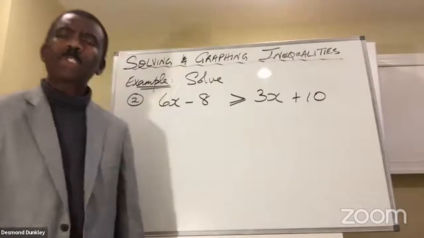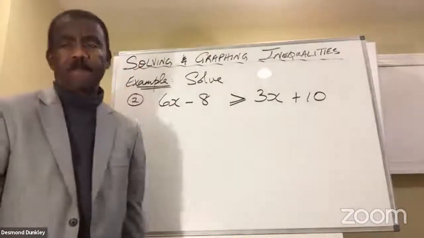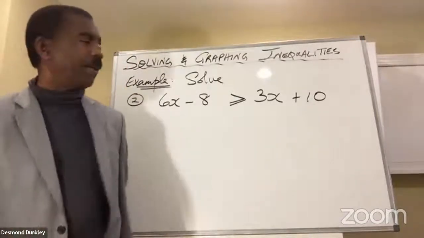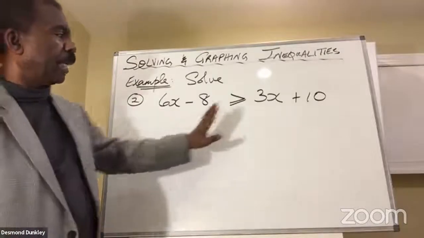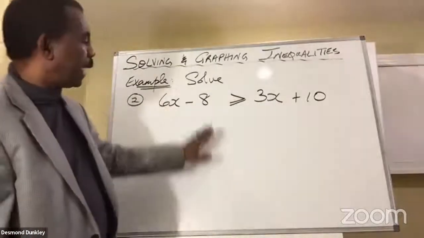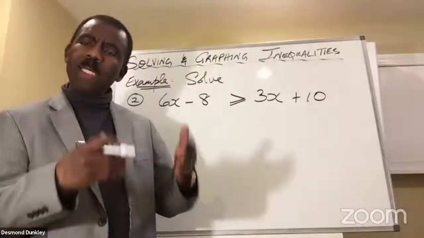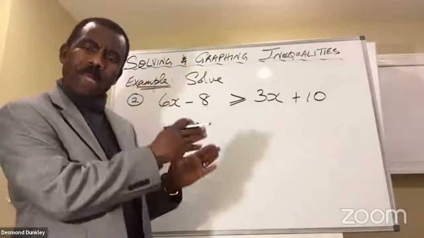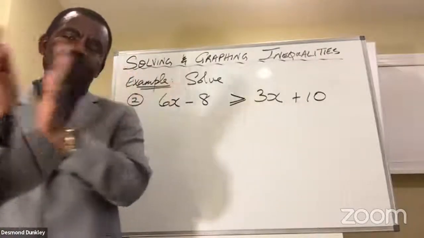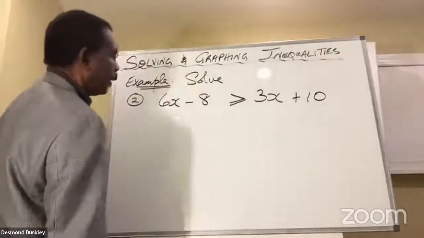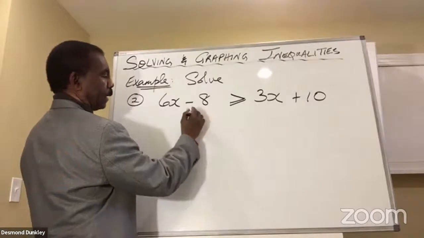So our goal is to get x by itself. Couple things happening here. I see x here and I see x here. I see a constant here, I see a constant there. So maybe we need to try and get all the x's on the left and all the constants on the right. So how do I get rid of this negative 8?